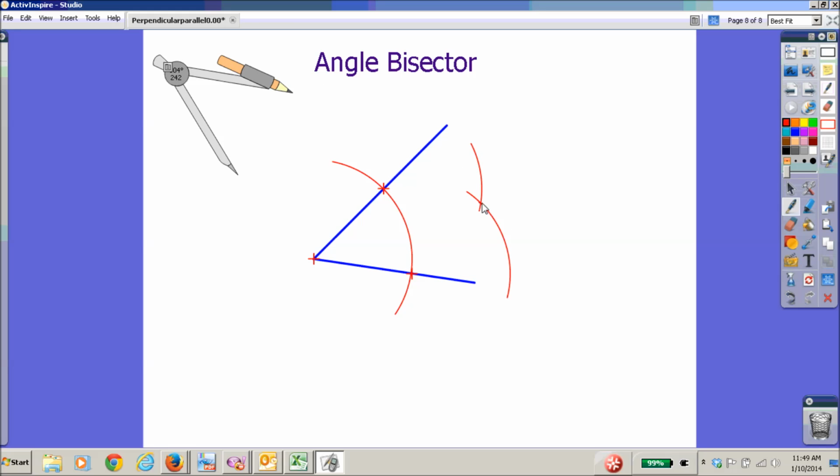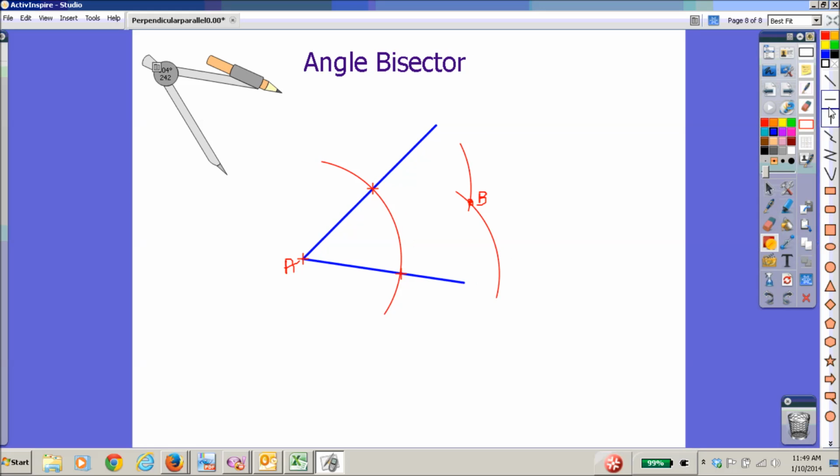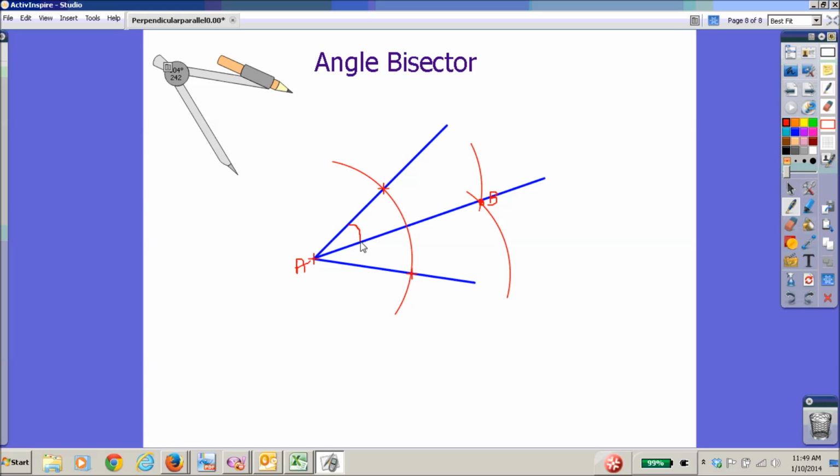And you can see where they intersect, so I'll just call that B, this I'll call A, and then I'll take my handy dandy line tool and voila. Now, this angle is going to be congruent to this angle.